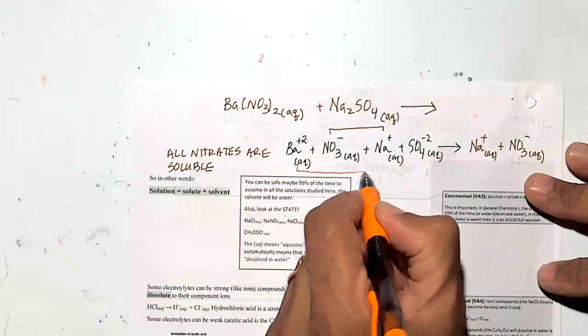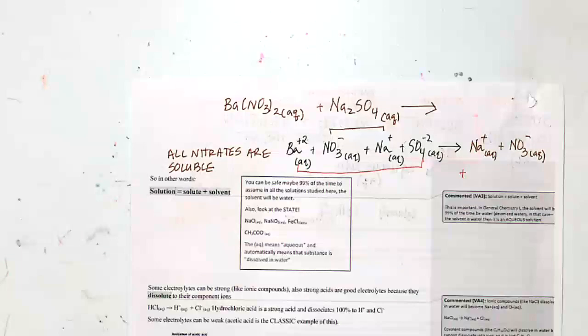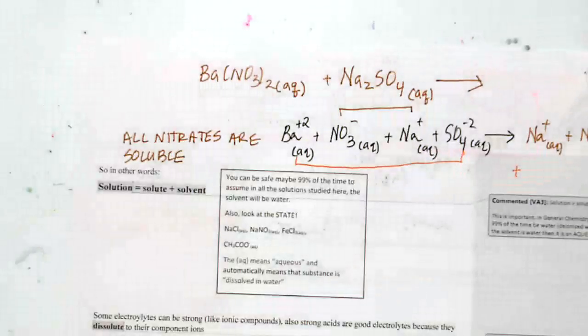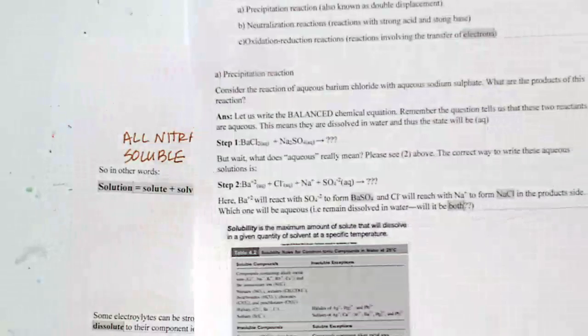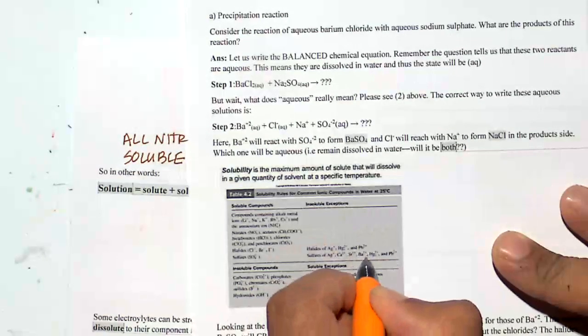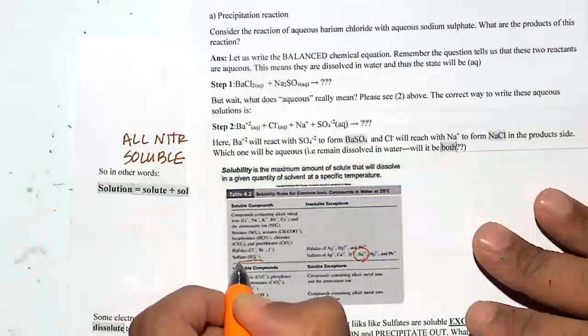What about this? Barium sulfate. What do we know about sulfates? I'll bring you a solubility table. It's hard to see, but anyways. And I'll give you one for the test that you can use.